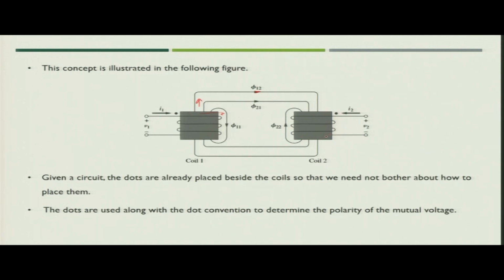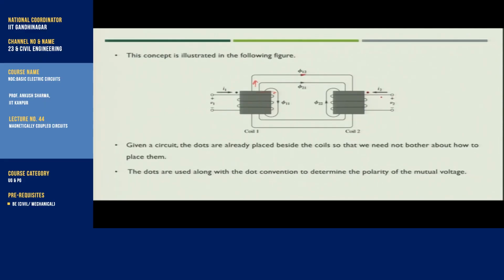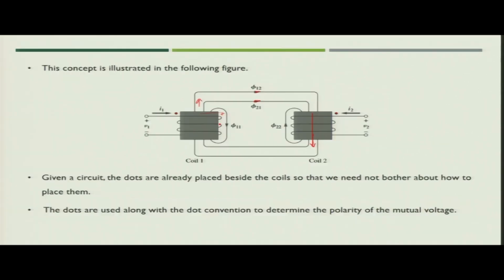Similarly, in the coil 2, current is entering the dot and the positive polarity of the voltage is where the dot is connected. Here also the positive is where the dot is connected. So, when you place the right hand in the similar way as we did in this case, your thumb will be in the downward direction. So, again your phi21 will link the first coil in the clockwise direction.